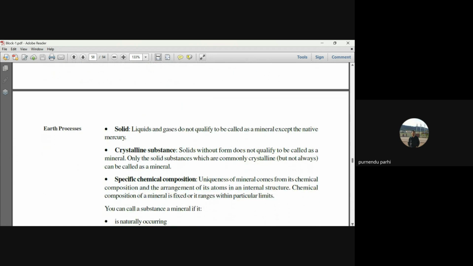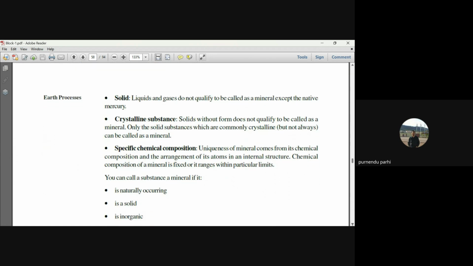Then solid. Liquids and gases do not qualify to be called mineral except native mercury. Crystalline substances. Solids without form do not qualify to be called a mineral. Only the solid substances which are commonly crystalline but not always can be called a mineral.